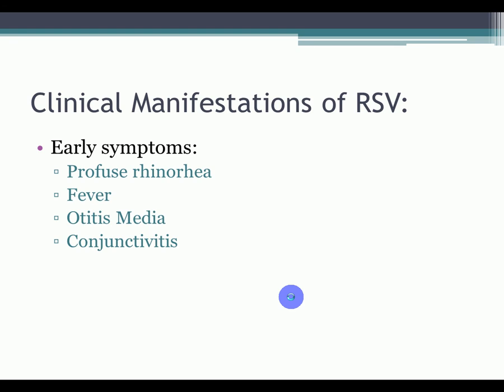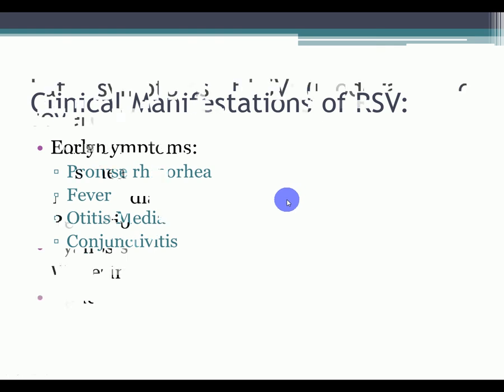All right, clinical manifestations of RSV. Early symptoms would be profuse rhinorrhea. That nose will pour. Fever, otitis media, and conjunctivitis. So they will have these as the early symptoms or clinical manifestations of RSV.